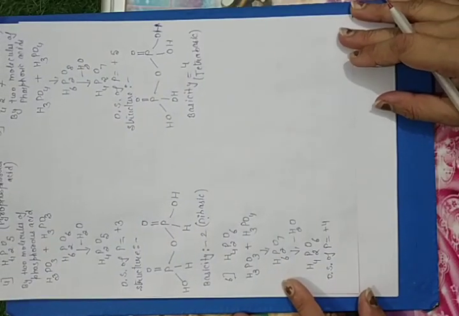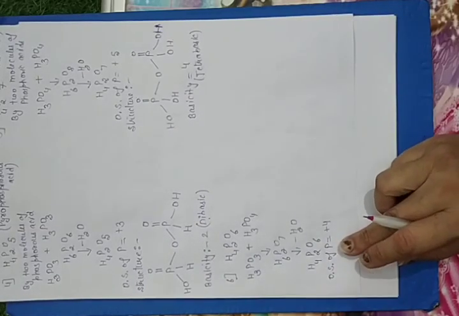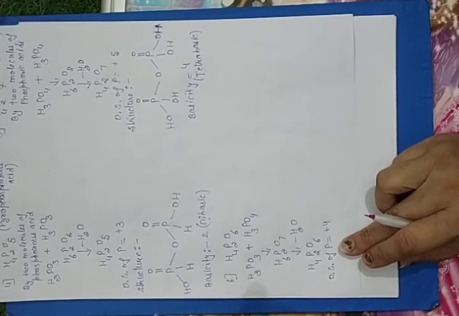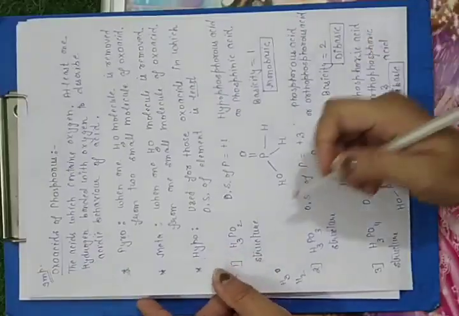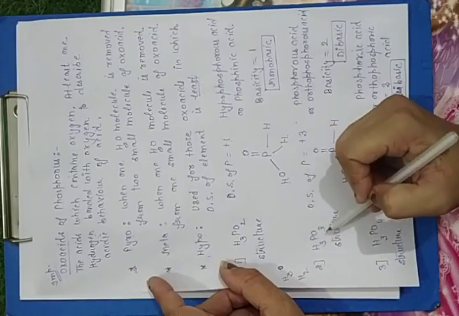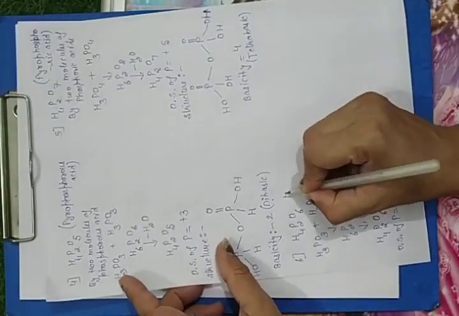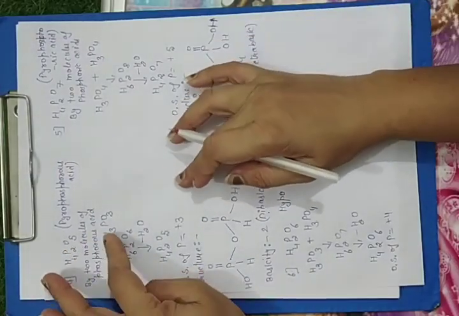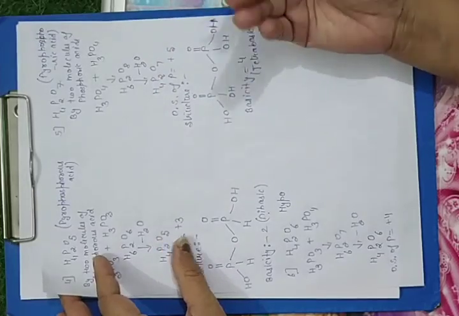Okay, so how to remember this? Neither did we take 2 molecules of phosphorus acid nor 2 molecules of phosphoric acid. So what will we do? Then focus on the third one, H3PO2. If they are not the single one, then use hypo here. Phosphorus acid is used up, phosphoric acid is used up, then the remaining is hypophosphorus acid.